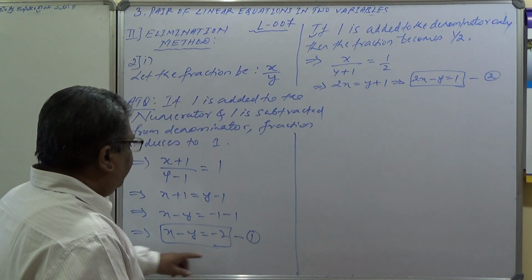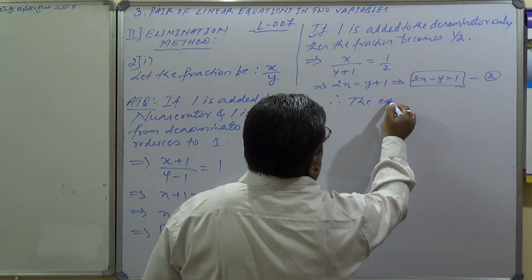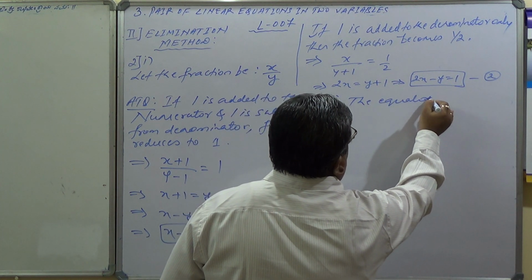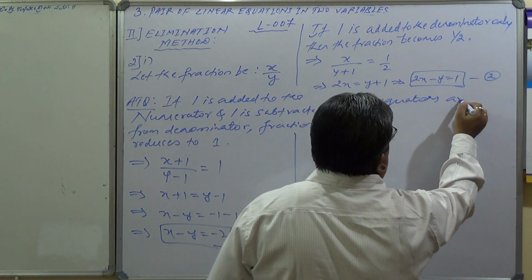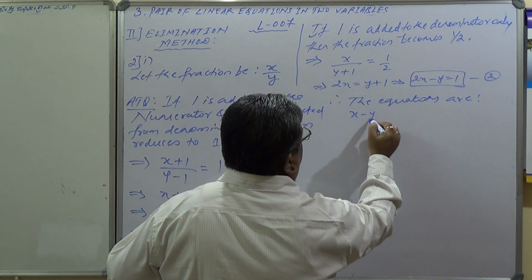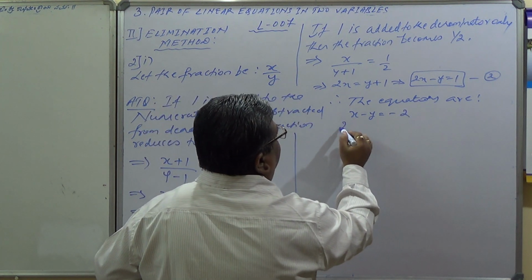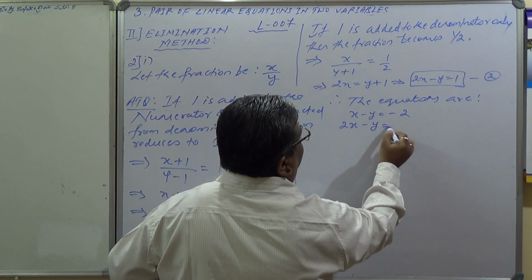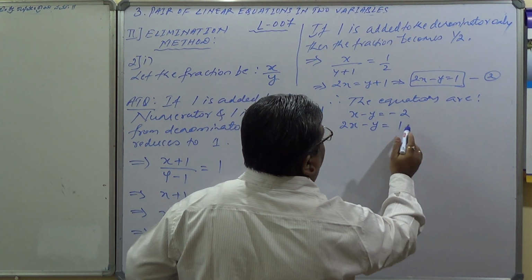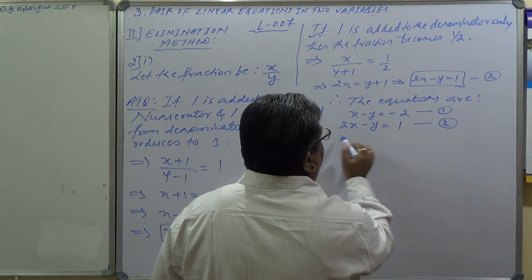So therefore the two equations are x minus y equals minus 2 and 2x minus y equals 1. So this is first equation, this is second equation.